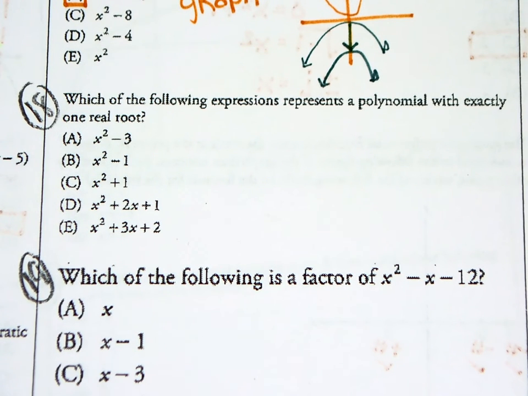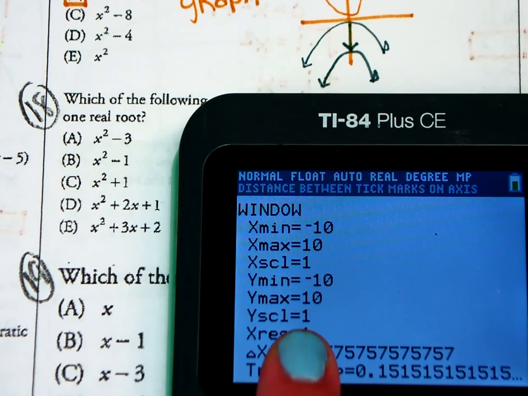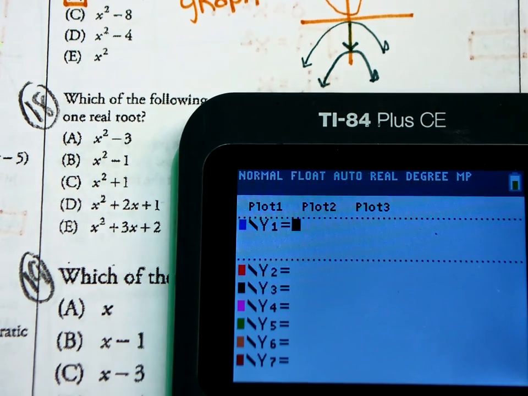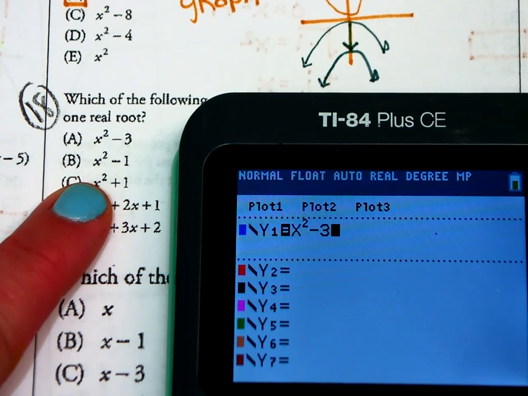Number 18, which of the following expressions represents a polynomial with exactly one root? Again, you can graph this or you can factor it. I'm just going to show the graphing method. I changed my window back. So I'm going to go back in here, clear it out. I got x squared minus 3.